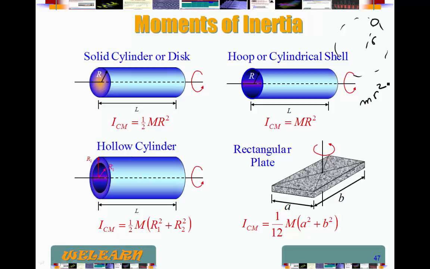For example, if we take a cylinder and we get it to spin about its center, spinning about its central axis, then its moment of inertia is given by 1/2 of mr squared. There is a way of calculating that.